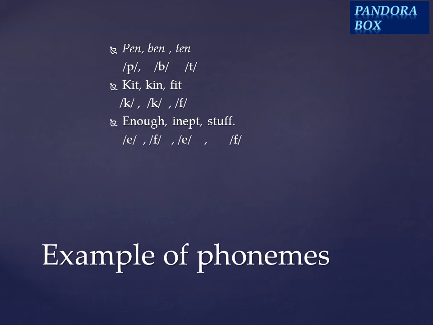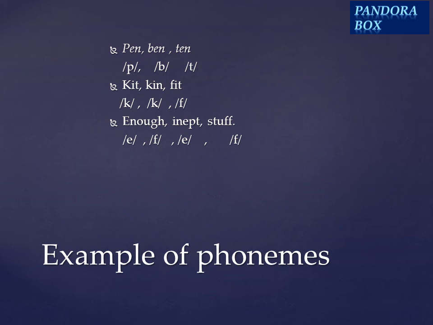Now come to the third example: enough, inapt, and stuff. This is an example of what I discussed in my previous slide, that you should never look at the spelling. The spellings are controversial. Never go with the spellings, always go with the transcription, always go with the sounds.